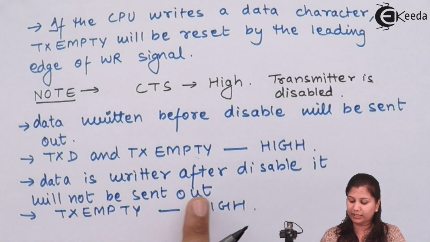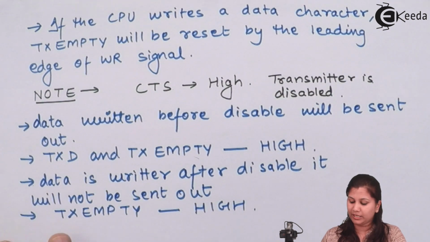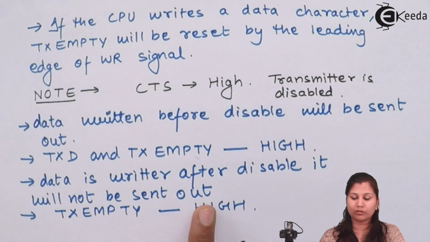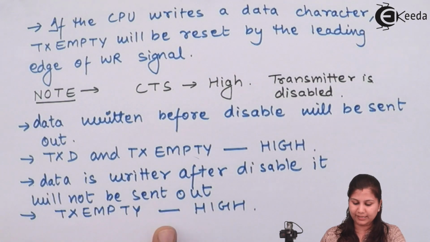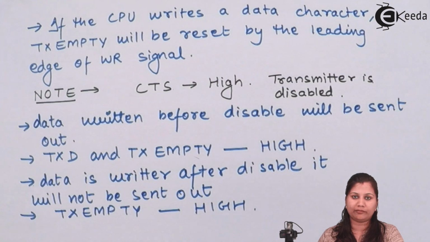And if data is written after disabling of the transmitter, then that data will not be sent out, but the TX empty is still at the high level.